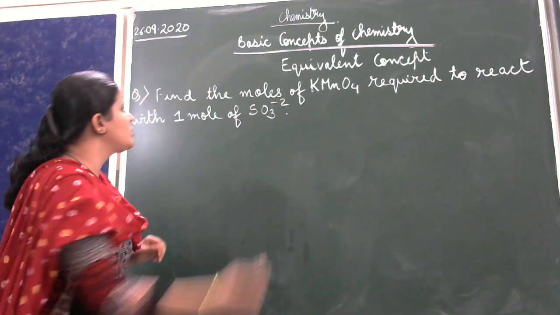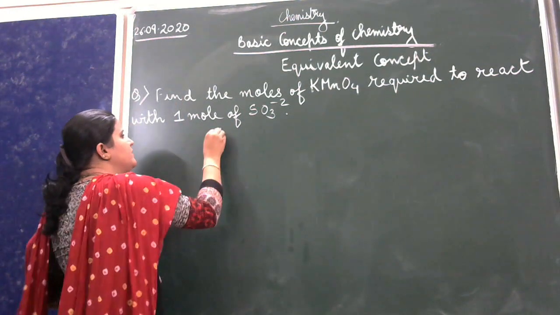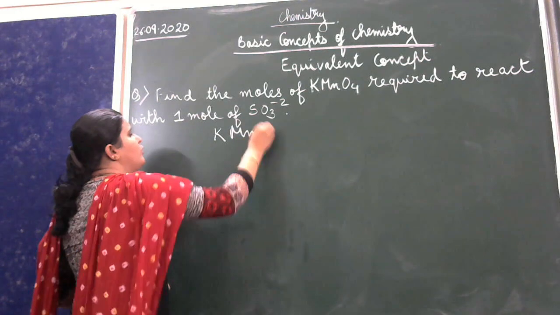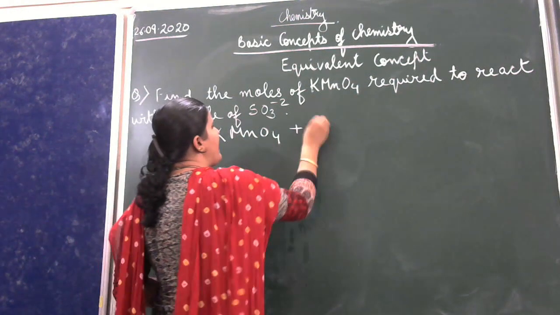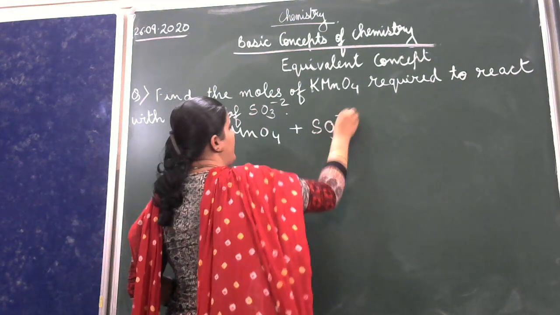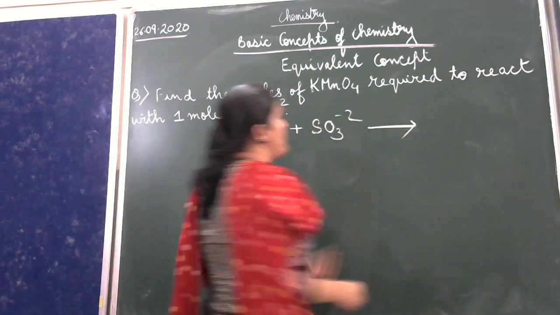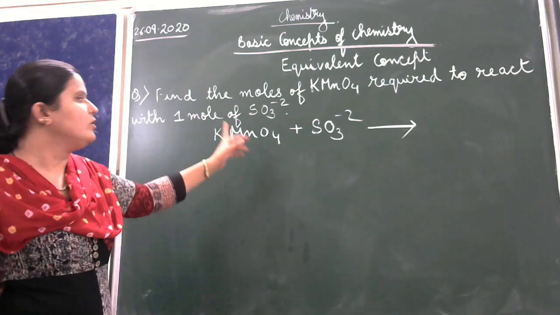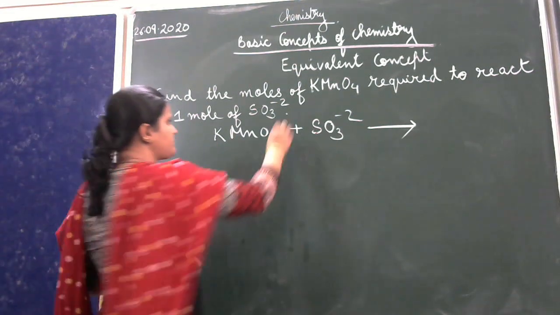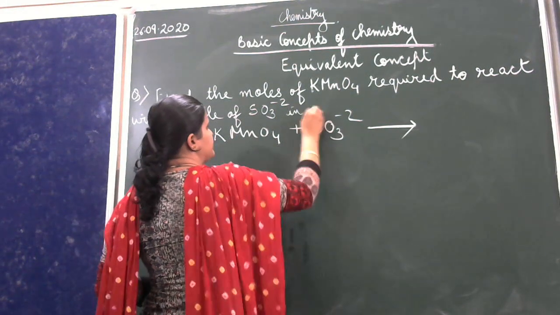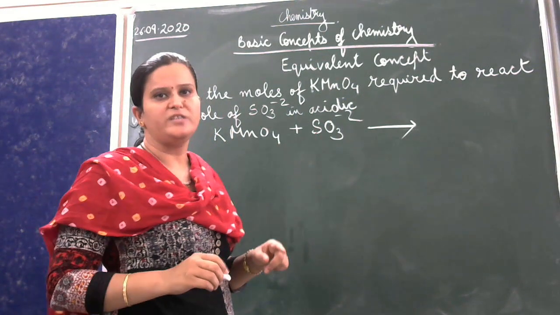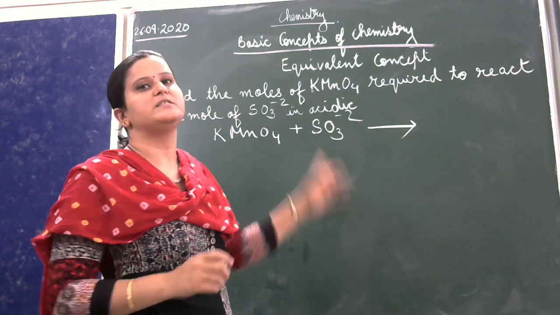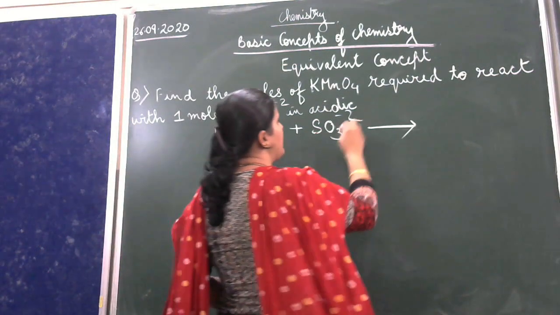Now, what does it indicate? KMnO4, which is an oxidizing agent, is going to react with sulfite ion, and the products are not known. But I am writing in acidic medium, because KMnO4 changes to different products in different media. I showed you that in the last class.